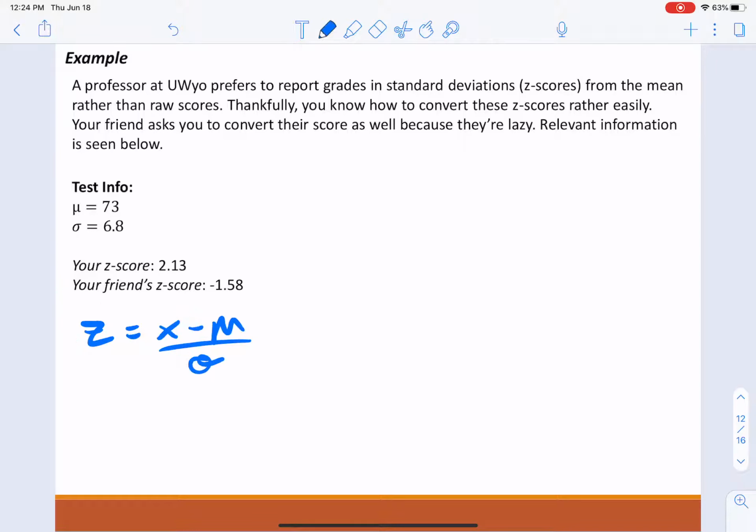So let me show you how we can go about rearranging this formula here. Let me do this in a different color. So what I want to do, well, first makes sense from algebra, I want to get the standard deviation out of the denominator. So I'm going to multiply that on both sides, so those will cancel out. Easy enough. Okay, so then that leaves me with z times sigma, I'll put them in parentheses just to make it clear, equals x minus mu, okay?